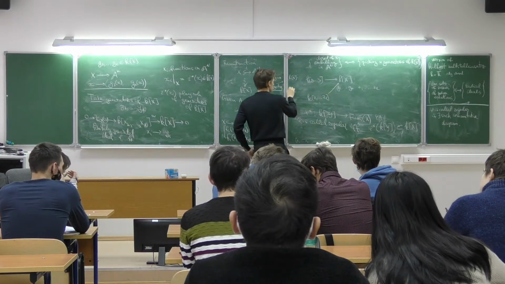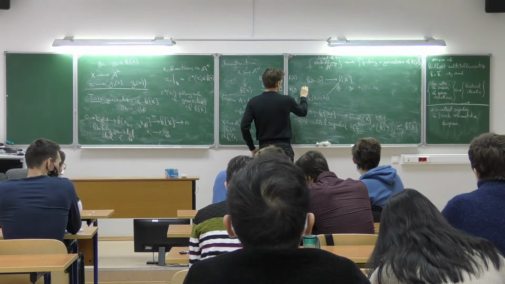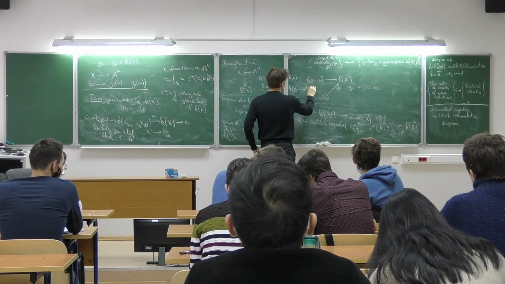And you also have the surjective map from k[y1, ..., yk, z1, ..., zl].